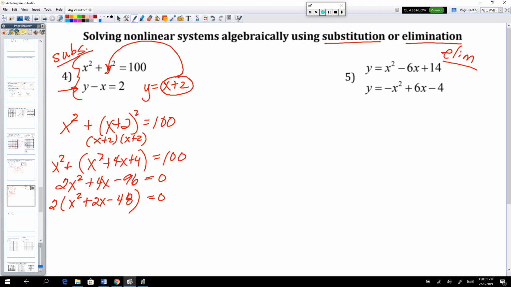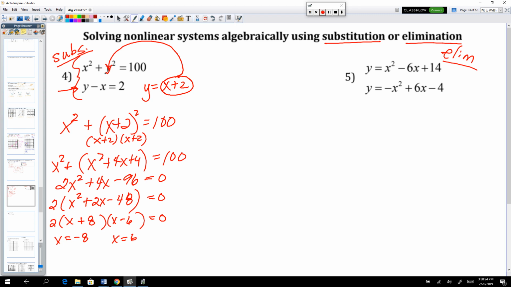This actually looks like I could factor it. Multiplies to negative 48, and adds to 2. A positive 8 and a minus 6 is going to take care of that for me. So remember, when we do our quadratic solving, we take each factor and set it equal to 0 and solve. And so that's telling me that x equals negative 8 and x equals 6.